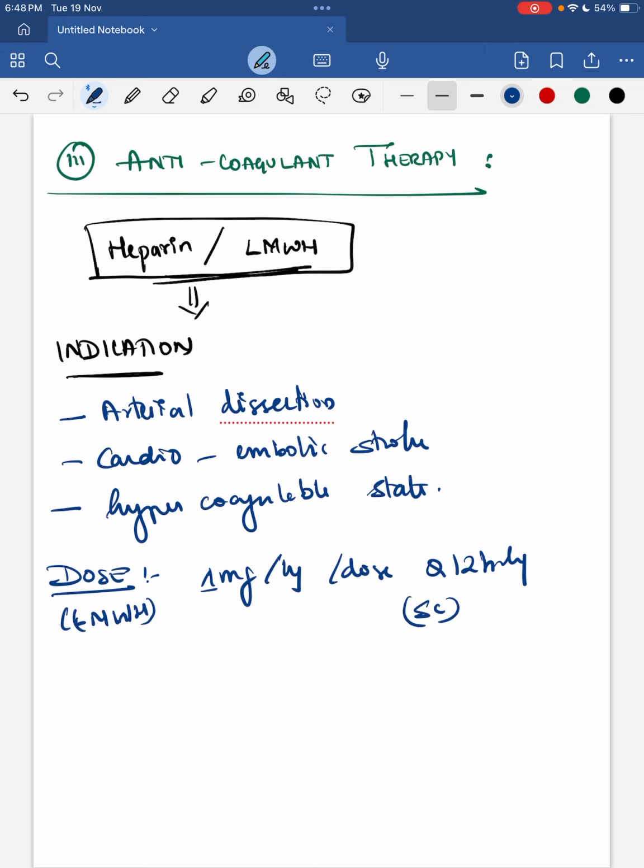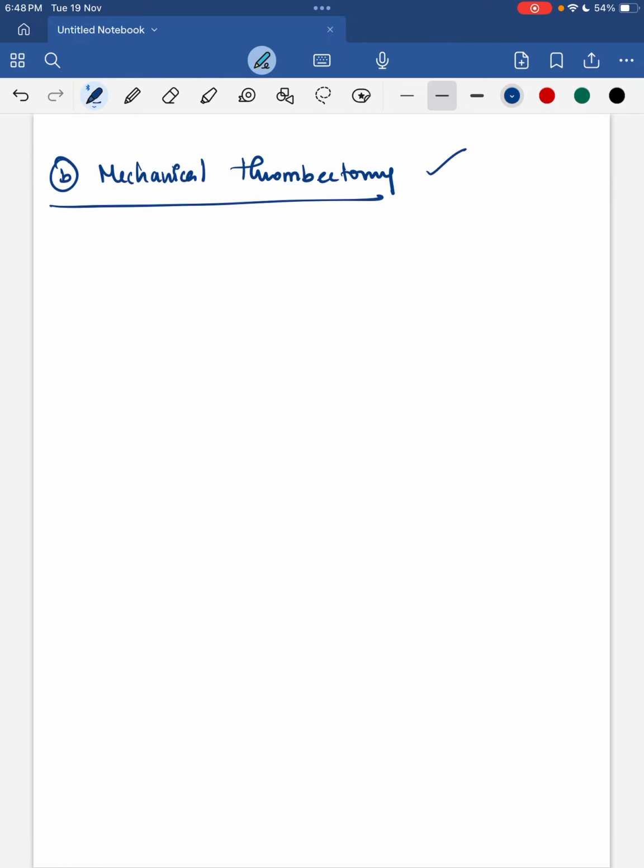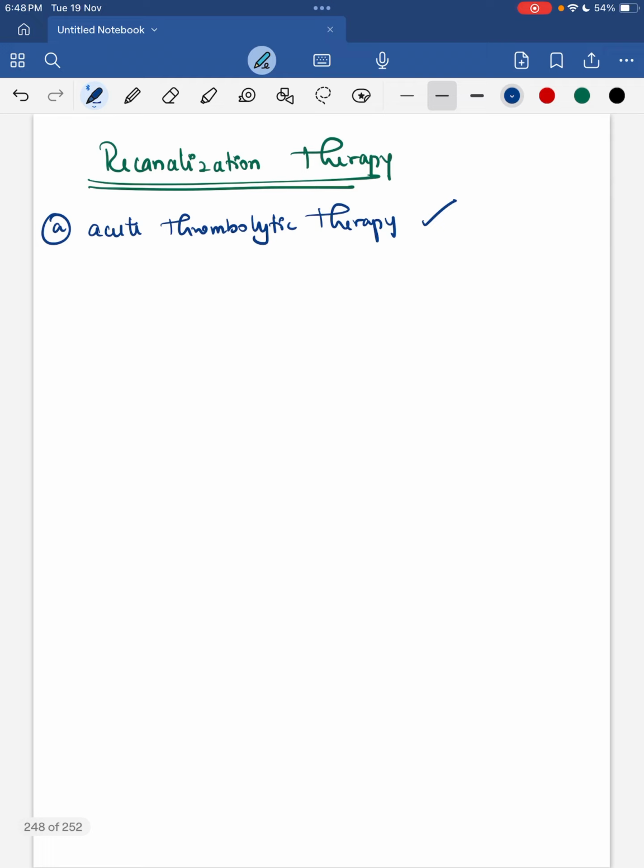Next is your recanalization therapy. In recanalization therapy, you have two: one is acute thrombolytic therapy, another one is mechanical thrombectomy. In acute thrombolytic therapy, here we use TPA. So what is TPA? It is tissue plasminogen activator.